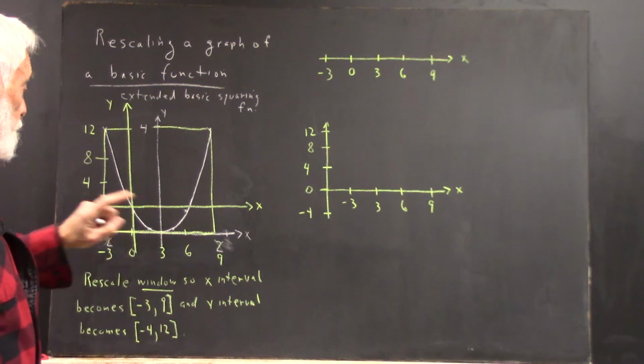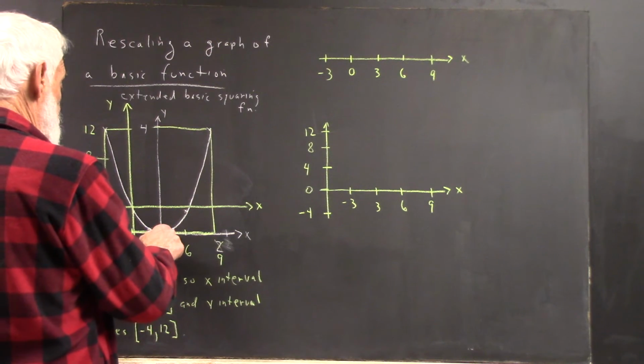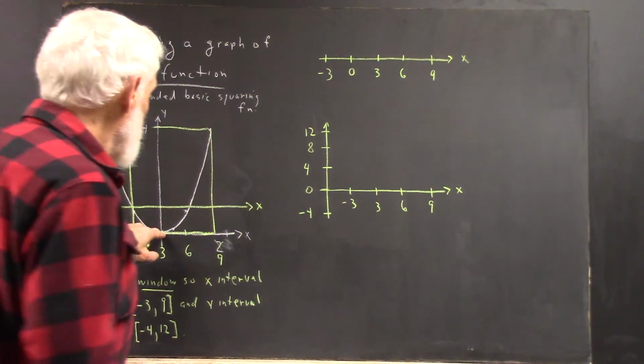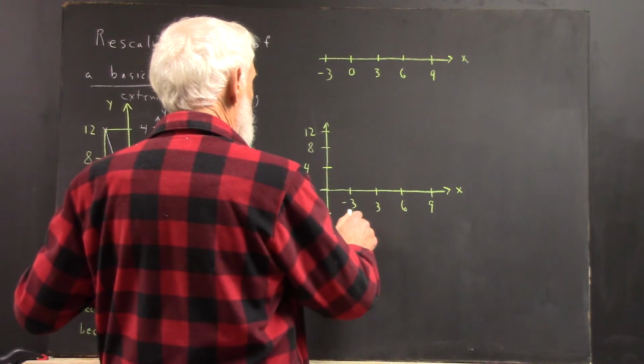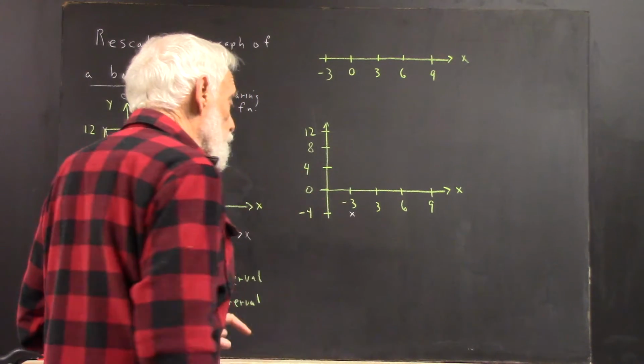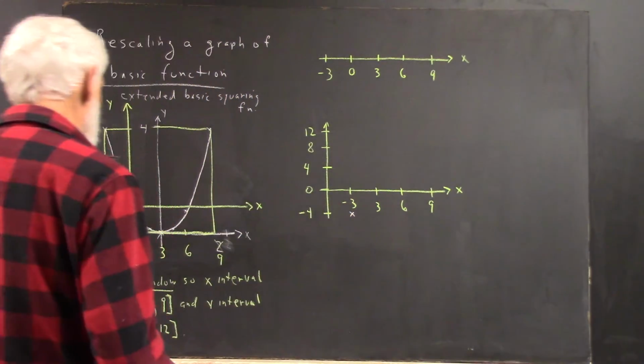So our vertex is going to be 3 units to the right and 4 units below the origin. Here's our vertex.